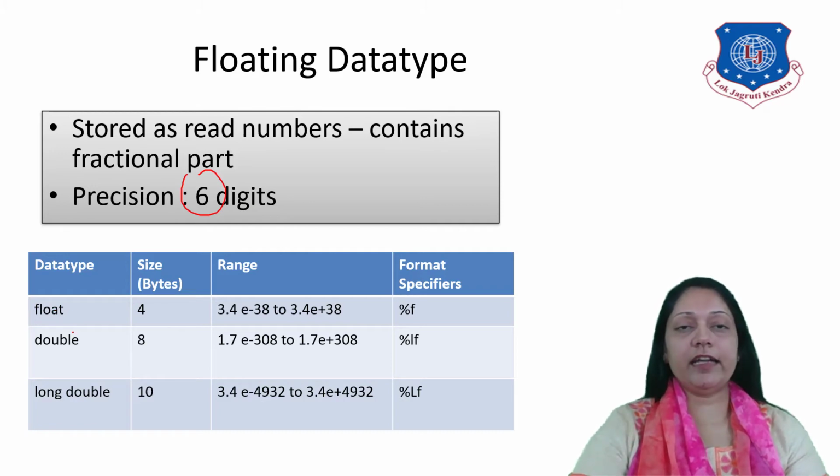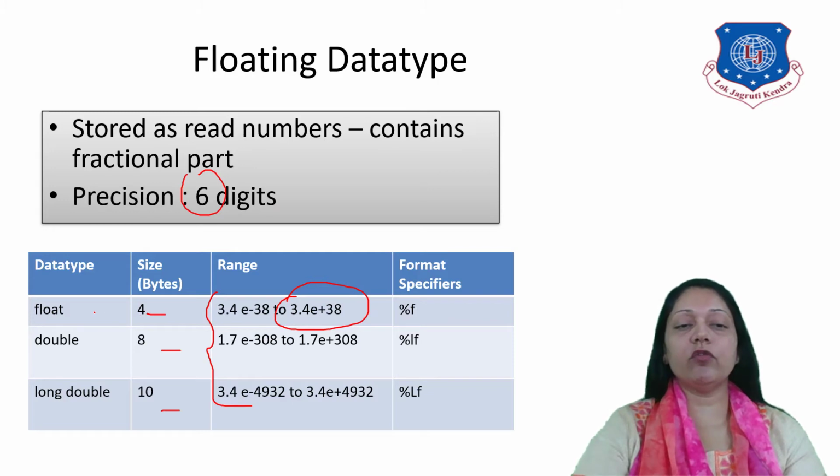So there are three categories of floating point data type: float, double and long double. The sizes are 4 bytes, 8 bytes and 10 bytes respectively. These are the ranges for each case. If you want a floating point value with a range of maximum 3.4 e raised to 38, you can go for float.